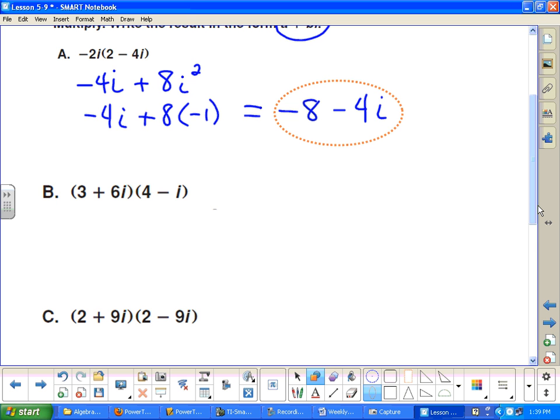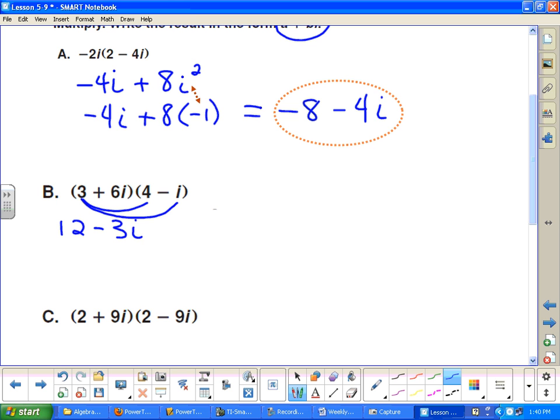The only difference is that if we have i squared, we're going to change that to negative 1. So we FOIL. 3 times 4 is 12. 3 times negative i is negative 3i. 6i times 4 is 24i. And 6i times negative i is negative 6i squared.